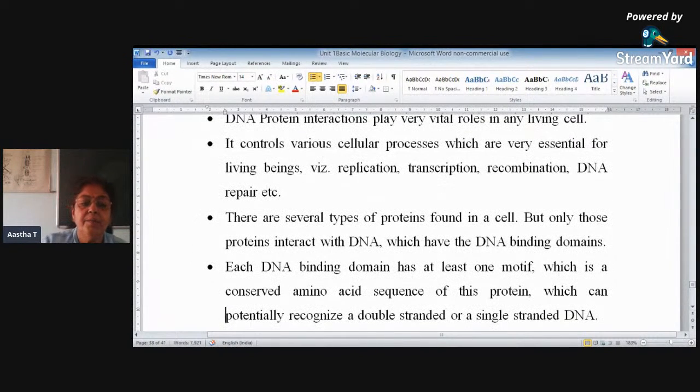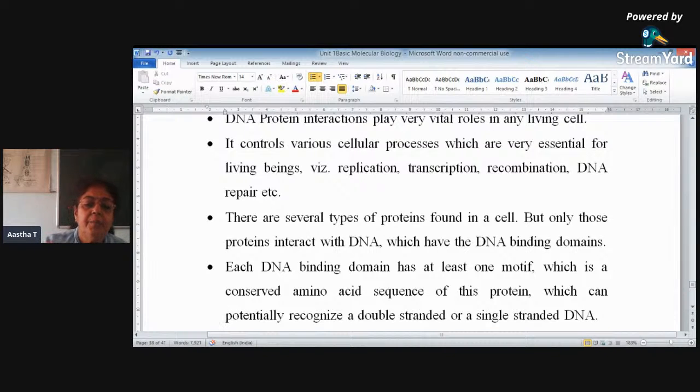There are several types of proteins which can interact with the DNA, and they have specific binding sites which are known as binding domains. So the sites at which the proteins bind to the DNA are known as DNA binding domains. And each DNA binding domain has one motif.